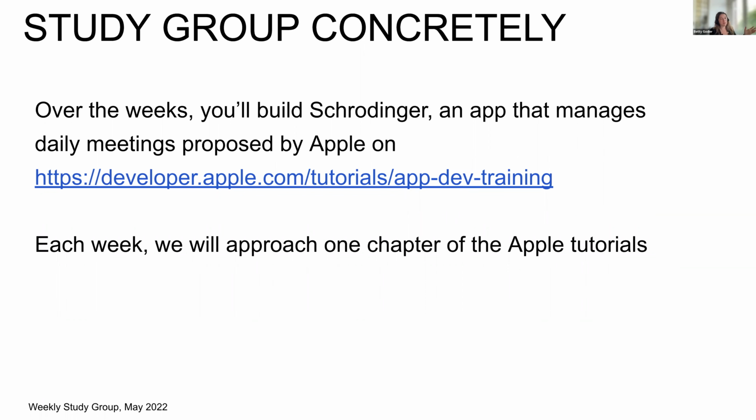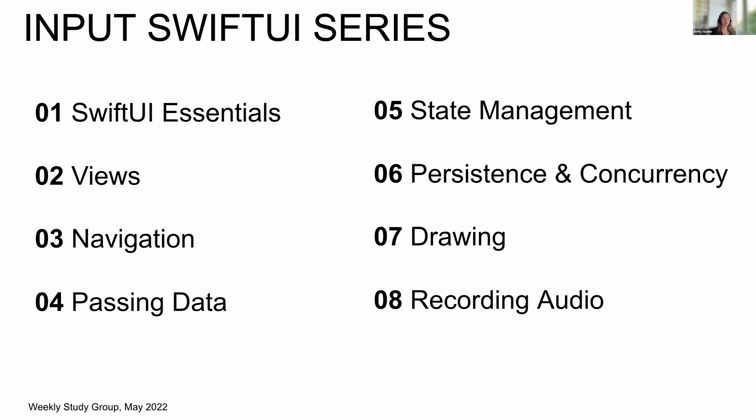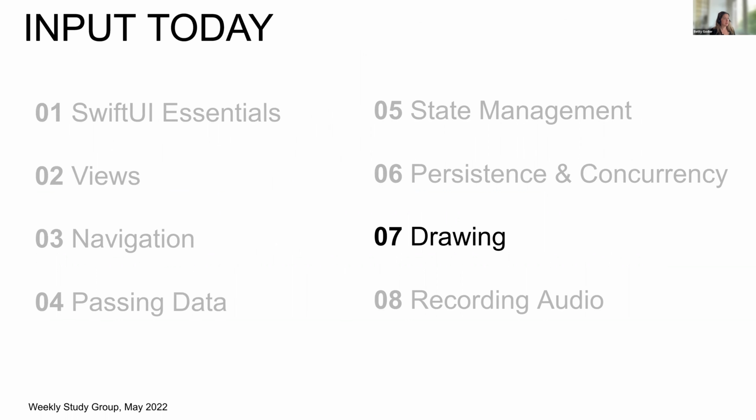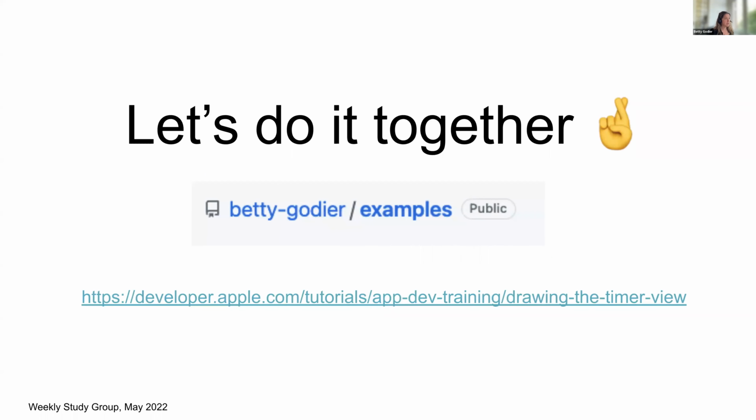Each week we approach a chapter of the tutorial, so it's really concrete. Here you can find the input of this SwiftUI series. We are now at the drawing session.